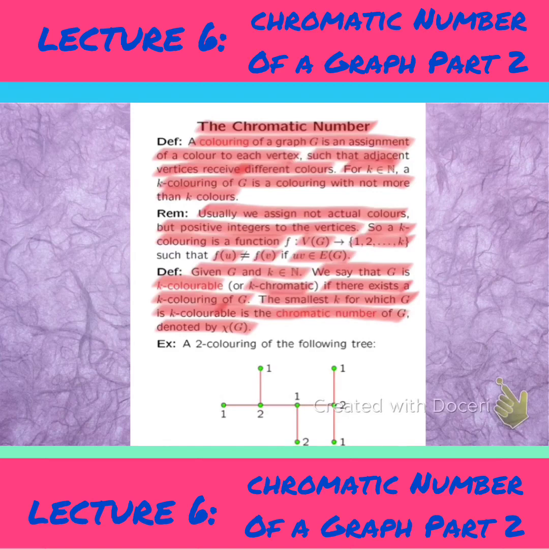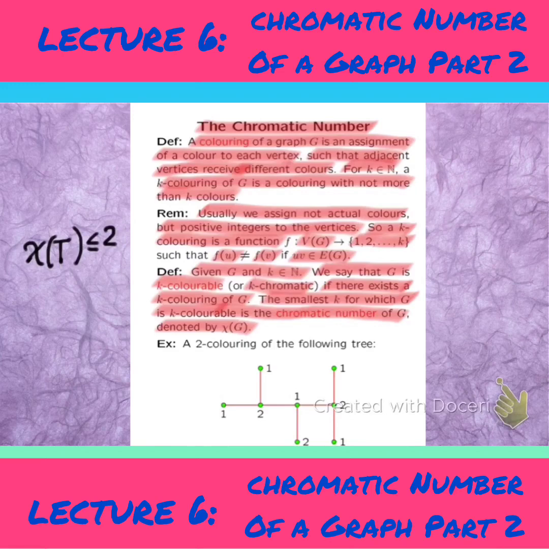A tree will always have chromatic number at most 2, well, at most 2 because you could include an isolated vertex.